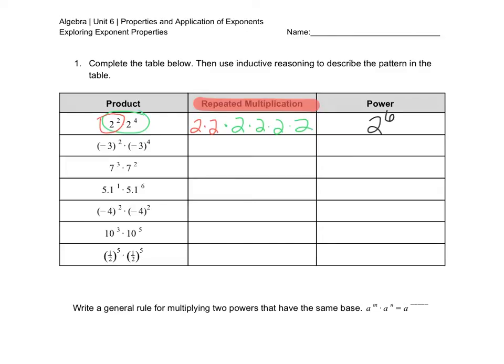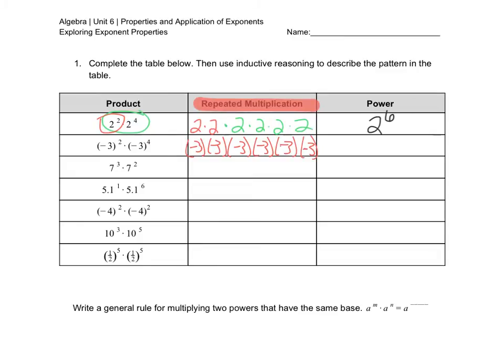If we were to continue on to our next problem, we have negative 3 squared times negative 3 to the 4th. Again, here our base is negative 3, so we're just going to go ahead and write it out. Negative 3 times negative 3 times negative 3 times negative 3 times negative 3 times negative 3.